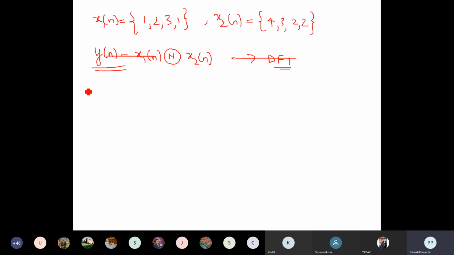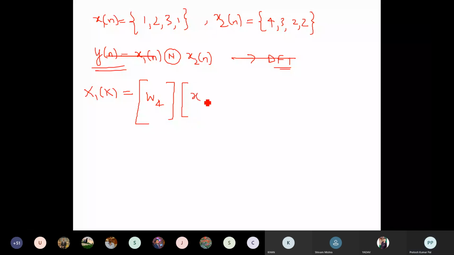So how can we do it? For x1 of n, first of all we will find out X1 of k, that is the DFT of x1. Suppose we are using the matrix method. The DFT of x1 will be given by the twiddle factor, W of 4 because it is a 4-point DFT, multiplied by the x1 of n matrix. This will give you the DFT of the first signal.